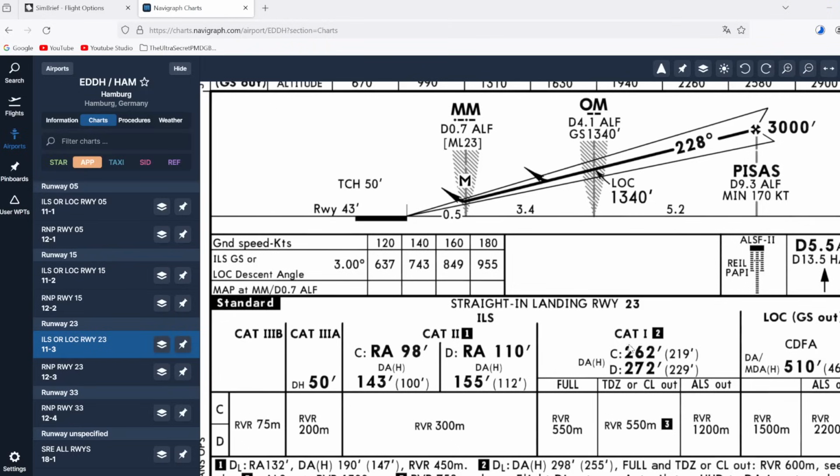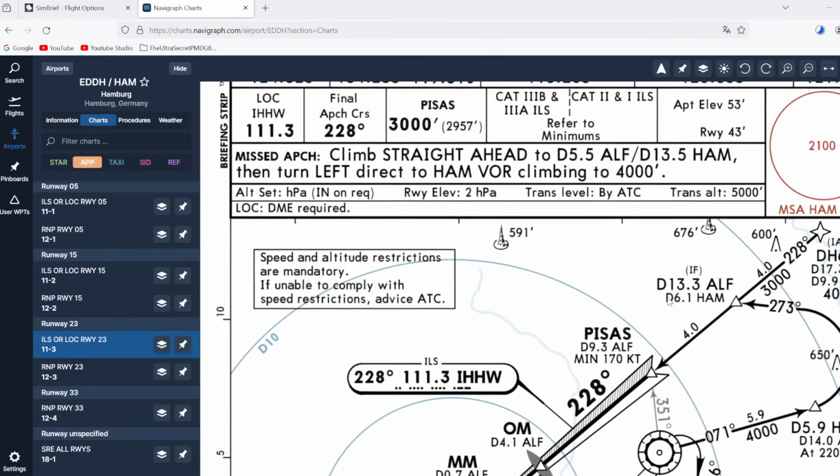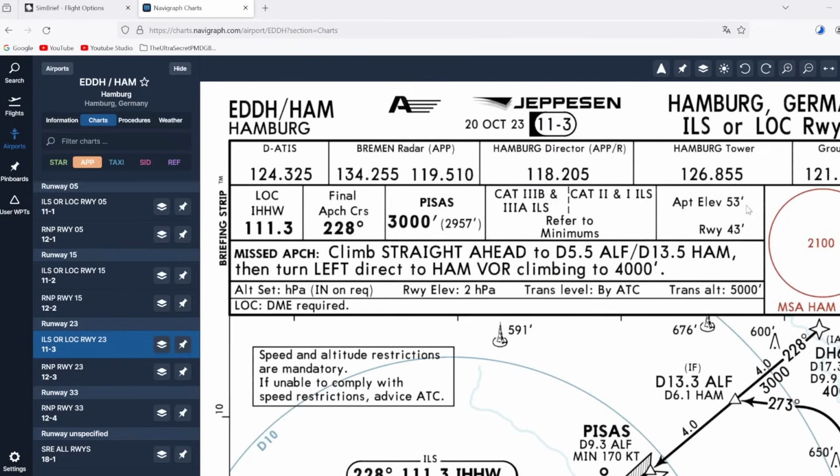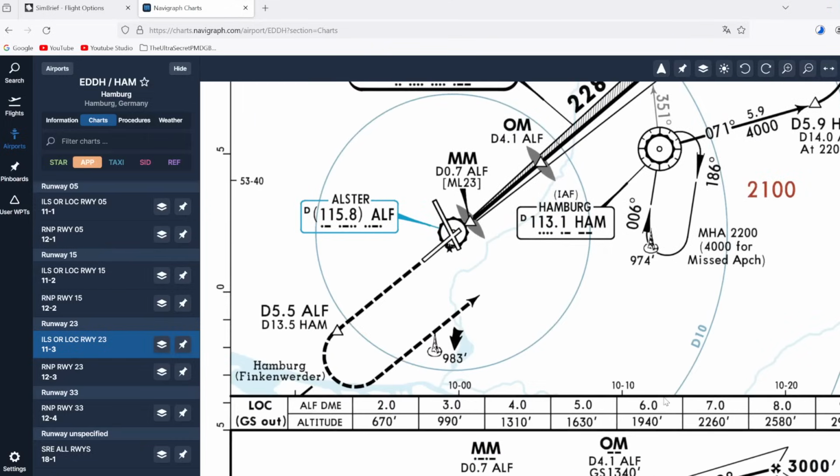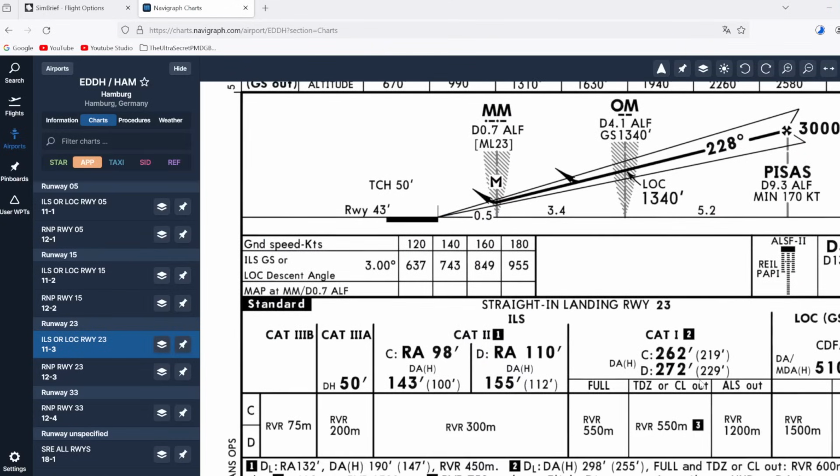So Hamburg is a very good example here. You can see that the published minimum is 262 feet. However, those 262 feet are above the mean sea level. If we take the height of the airport into account, we're looking at a runway elevation of 43 feet. So the actual minimum is 219 feet above the ground.